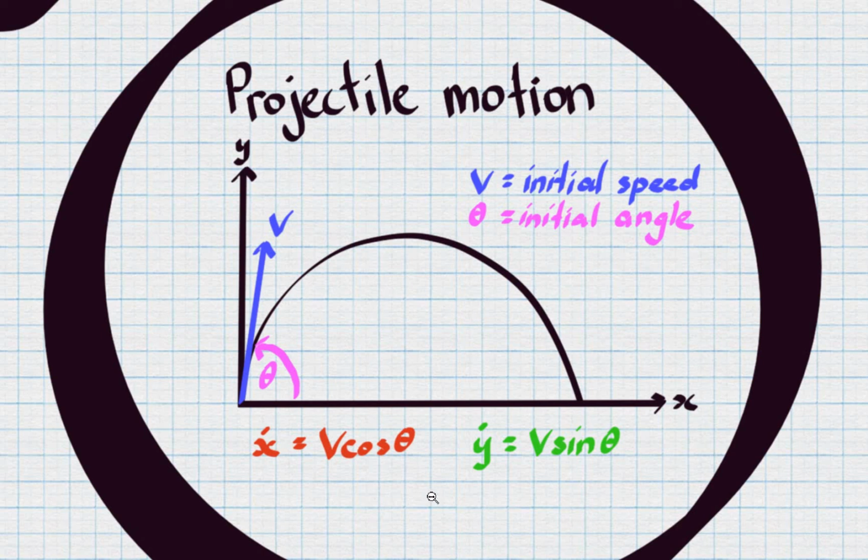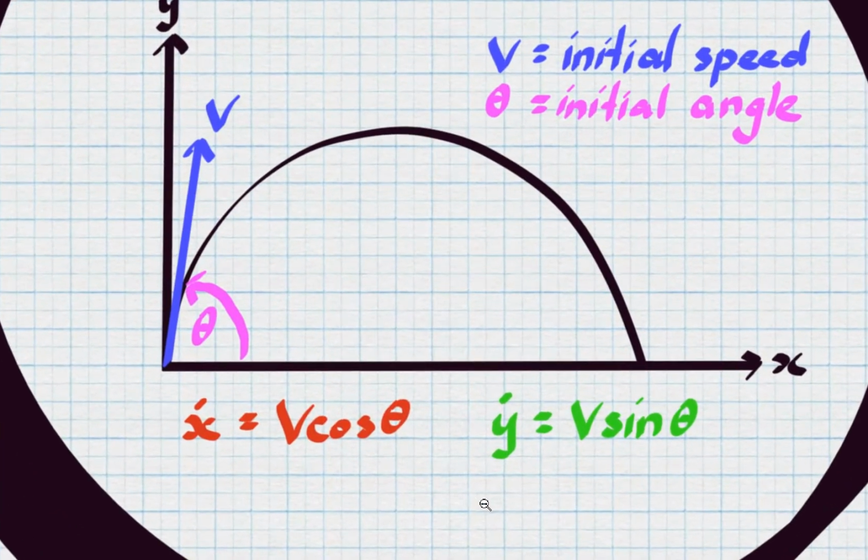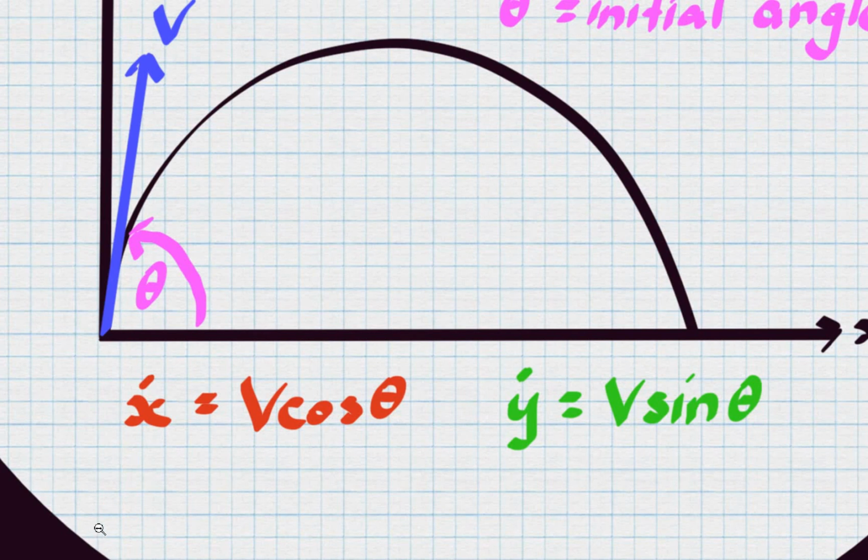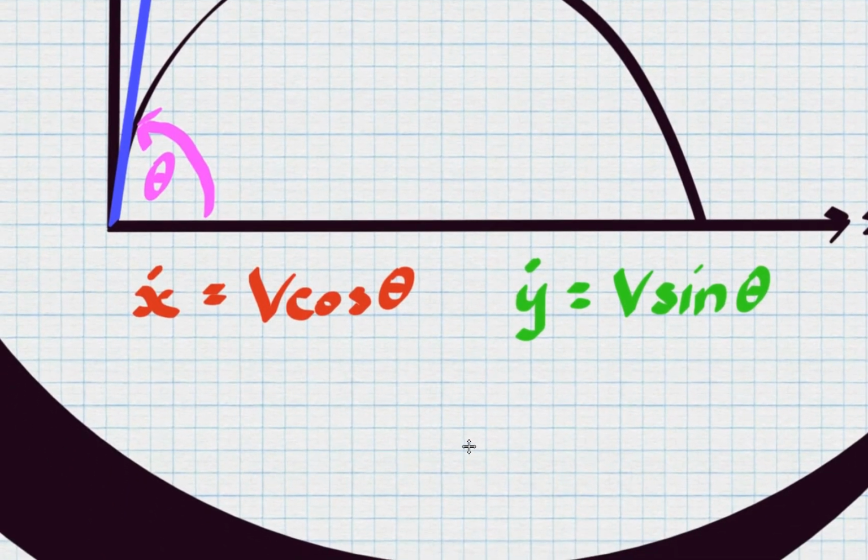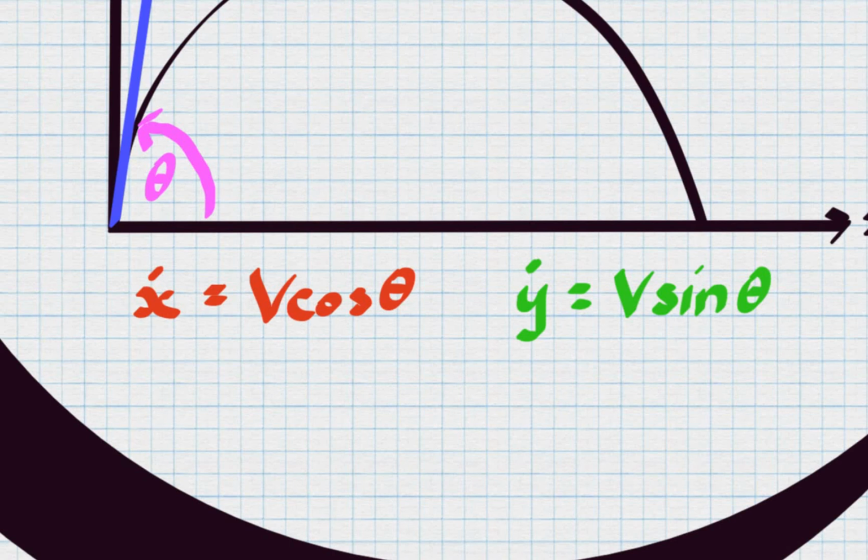So putting these two together, if we wanted to write down a complete vector for the initial velocity, we could write it as follows.